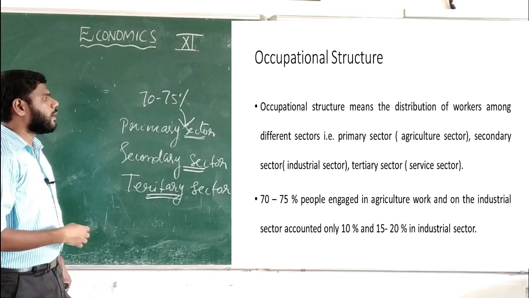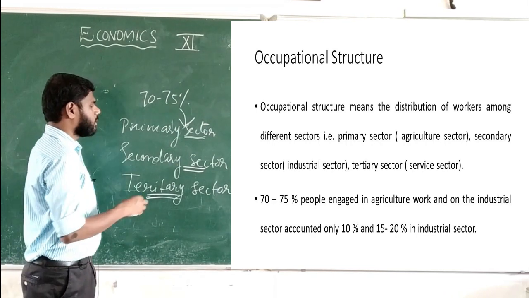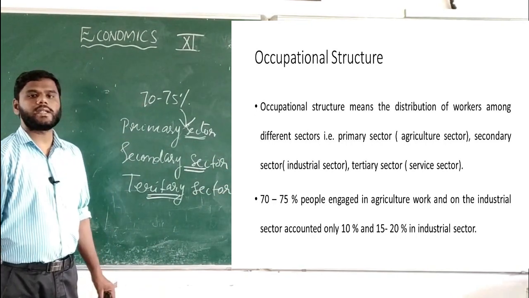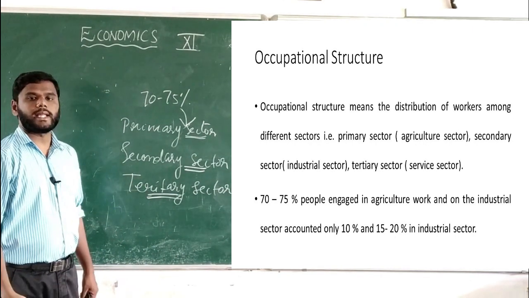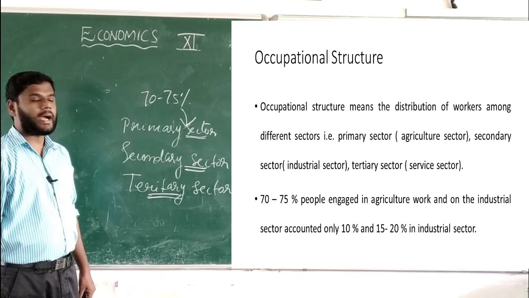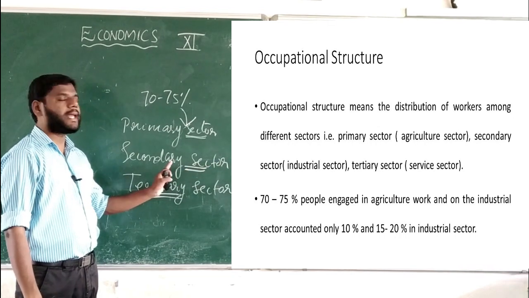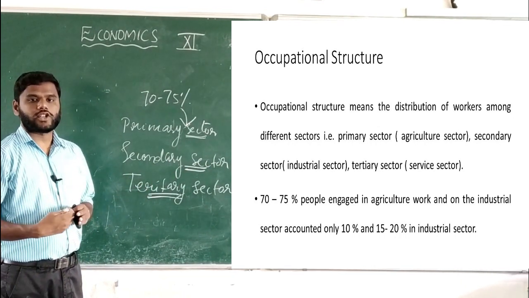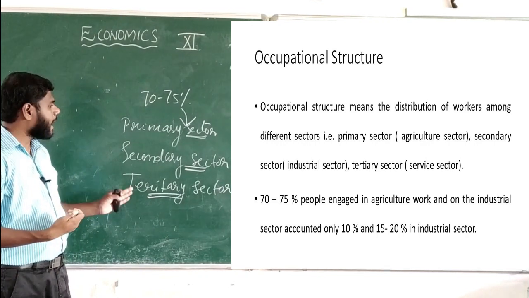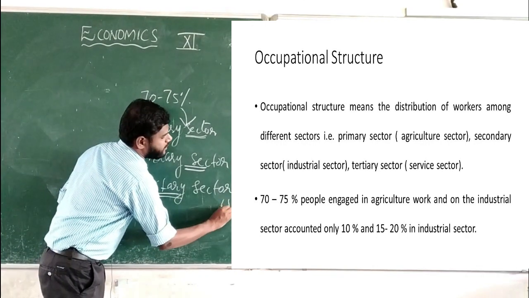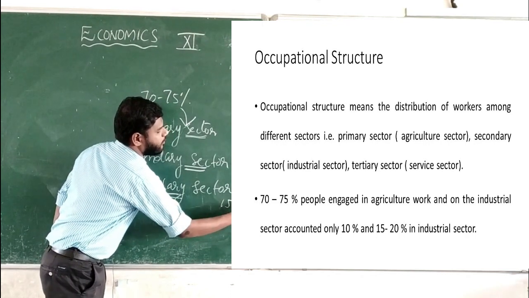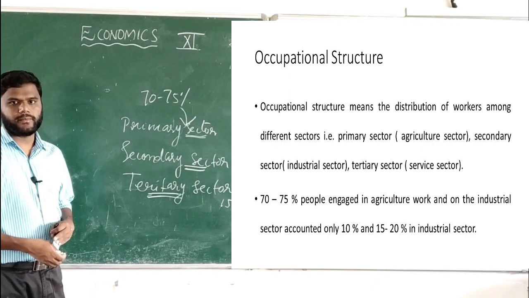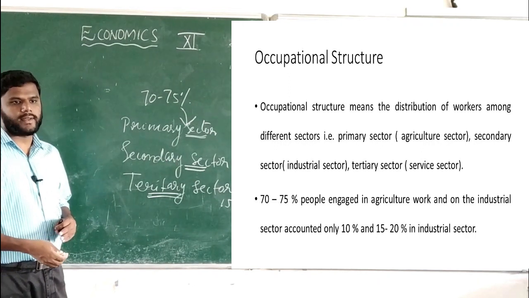And the second one is around 10% of people were engaged in secondary sector, that is industrial sector. And around 15 to 20% of people were engaged in service sector.